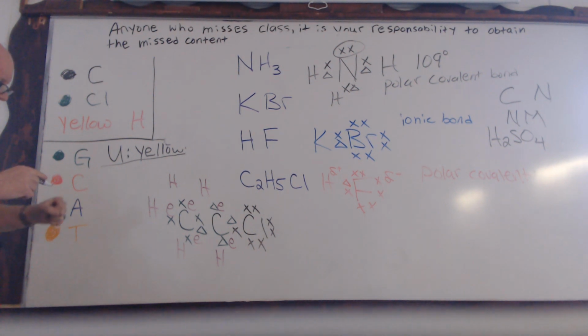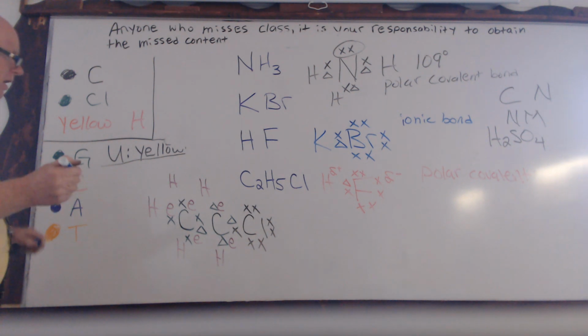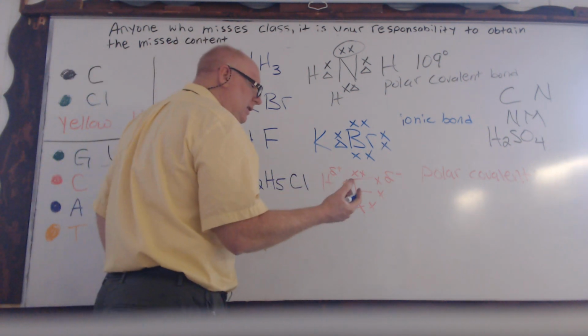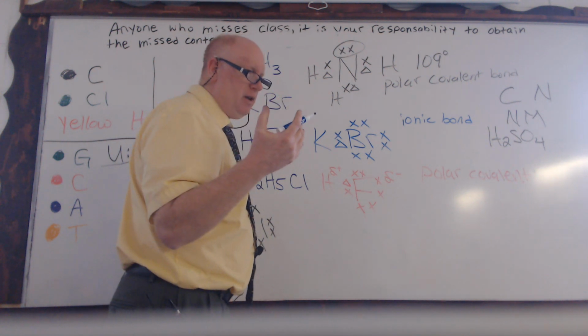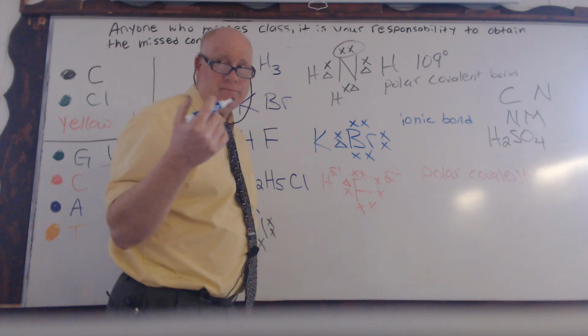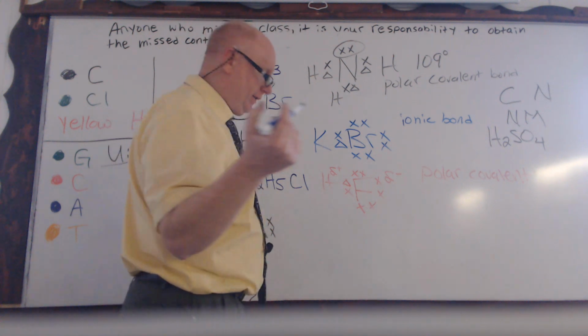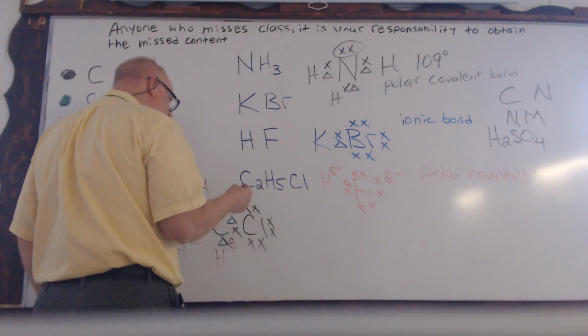So this is something that you would have done 2 years ago, and until you get a really good understanding of this, you might think it's easier to know and draw this out as ethyl chloride, because that's really what we're drawing, or chloroethane, whichever way you want to look at it.